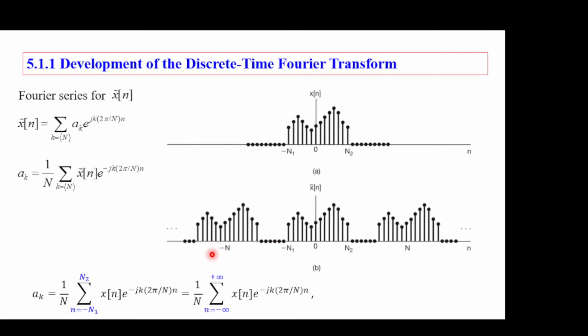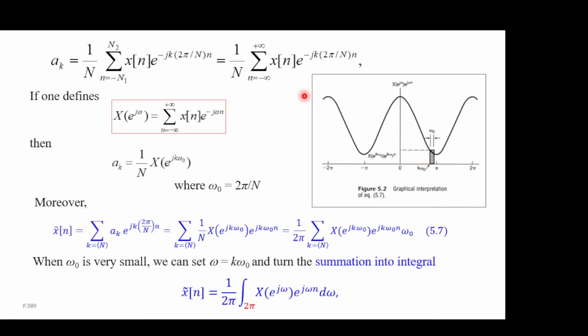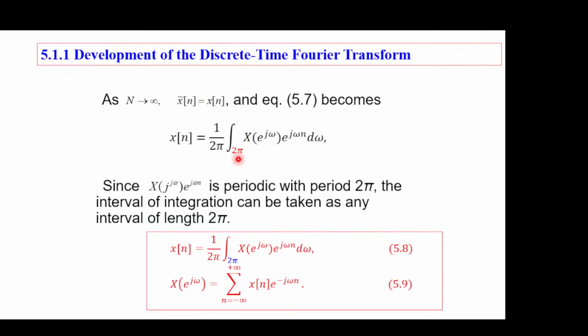But when big N goes to infinity, then we think, though not very rigorously, that all the copy-pasting goes to infinity, so we just don't see them. We just think that as big N goes to infinity, x tilde equals x of n. And we just say this x tilde we calculate is the big X, and it still has this 2 pi range. And so we have found the two equations we want, the Fourier transform pair.